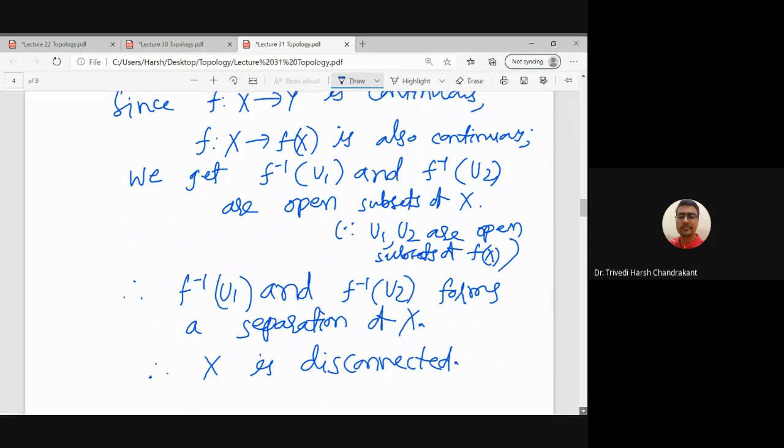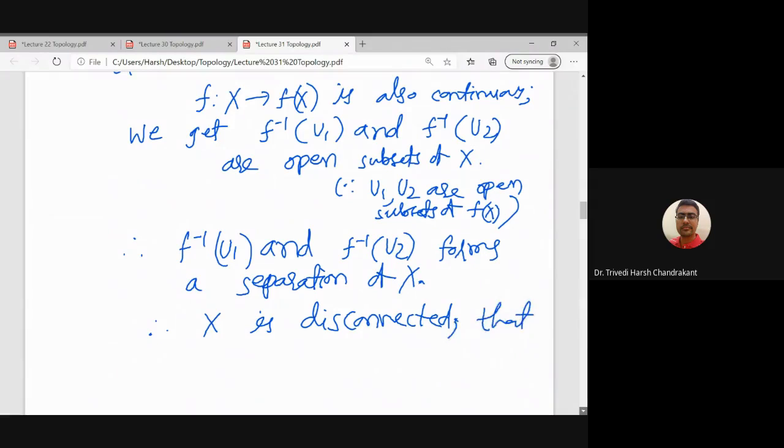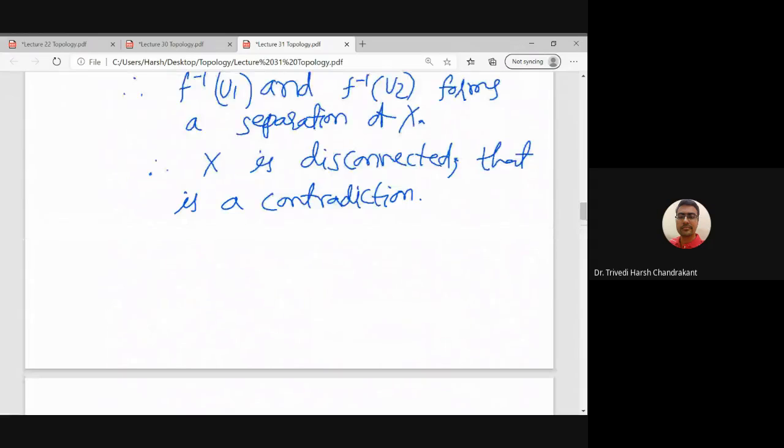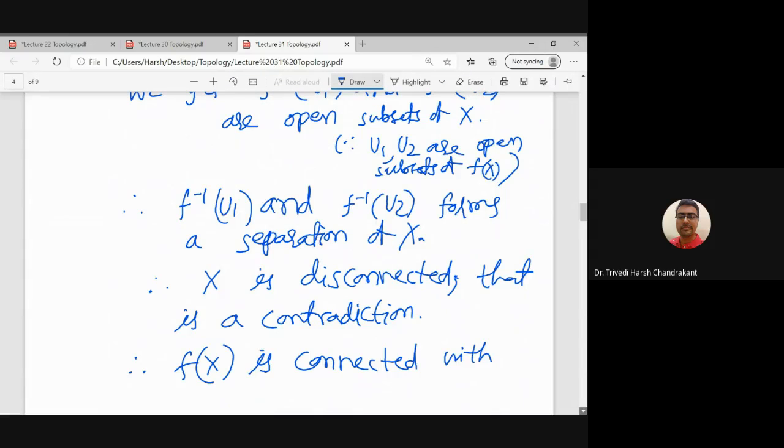But our hypothesis is X is a connected space. So that is a contradiction. Therefore f(X) is connected with respect to the subspace topology.